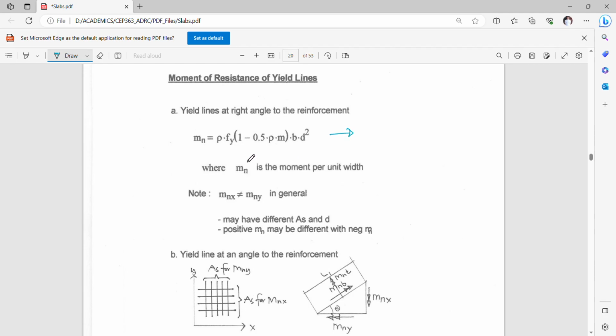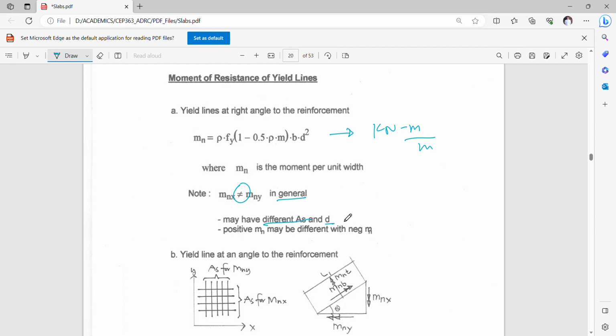But of course, this is small letter m, per unit width in, say, kilonewton meter per meter. Note that Mnx may not be equal to Mny in general because you can have a different value of As and a different value of your depth in the orthogonal direction. So the positive Mn may be different from the negative Mn also.